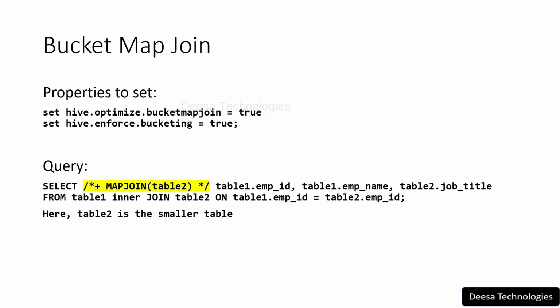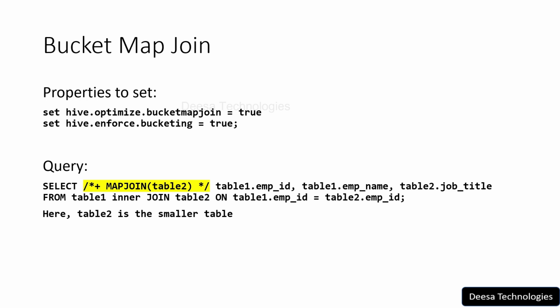And of course we have to set two properties. We have to enforce bucketing, and we have to set hive.optimize.bucketmapjoin equal to true. So when you have those two properties set, and you have the criteria that I mentioned, then it will be called a bucket map join, right? So this is a query here. Table 2 is basically the smaller table. There's no change from the previous query; the only change is the properties that we set.